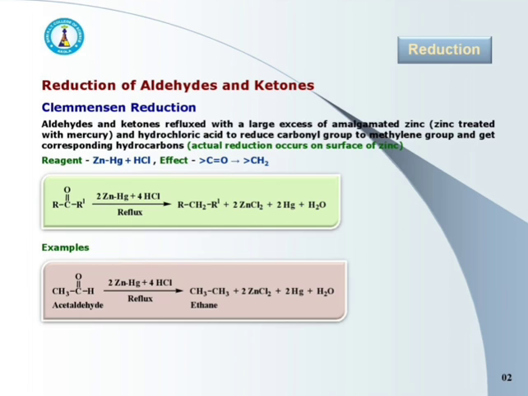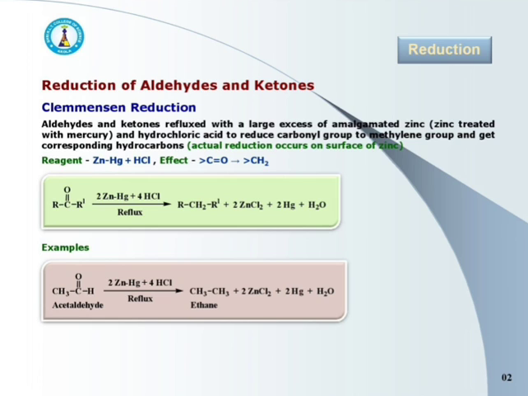In Clemmensen's reduction, the reagent used is Zn-Hg plus HCl, that is, amalgamated zinc and hydrochloric acid, and the effect is that the carbonyl group present in aldehydes and ketones gets converted to a methylene group, that is, formation of hydrocarbons takes place.